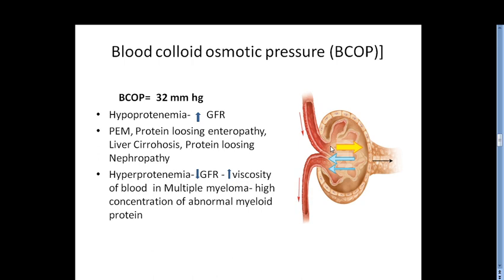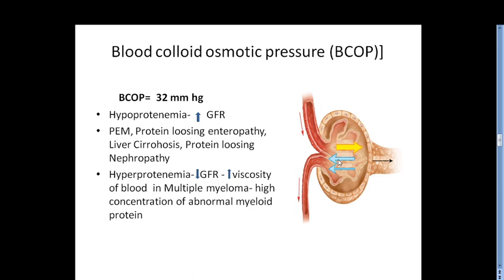There are certain pathological conditions in which, if there is hypoproteinemia, the inward force is less, so there is less opposition to the hydrostatic pressure, and that's why there will be an increase in GFR. So what are the conditions in which there is hypoproteinemia?